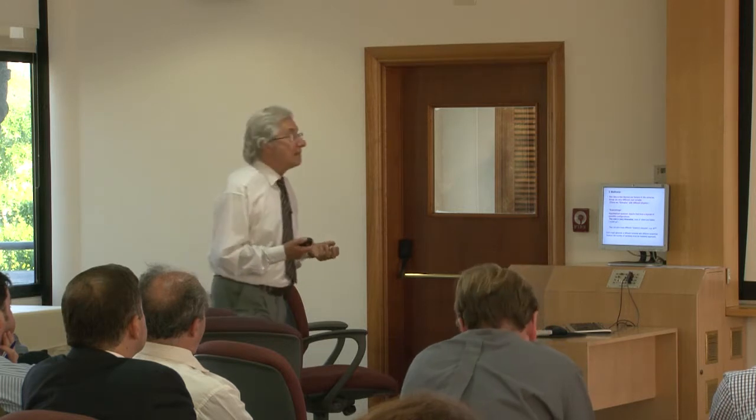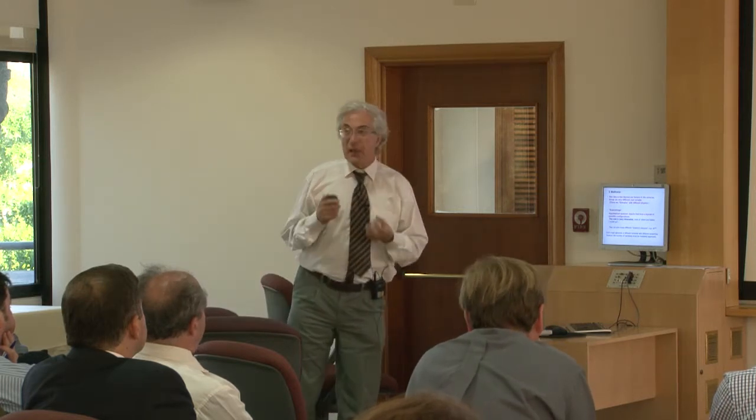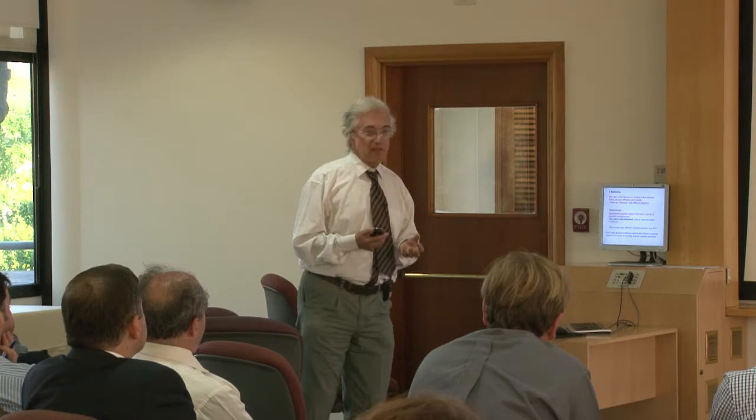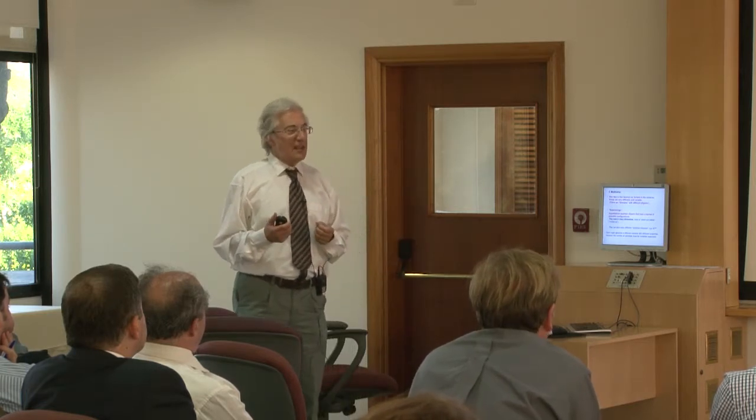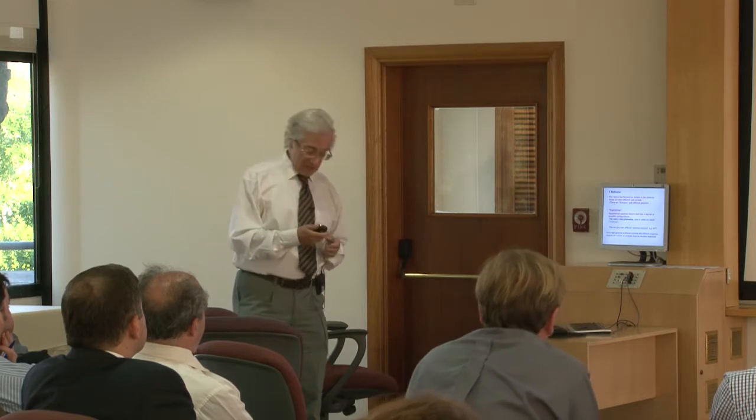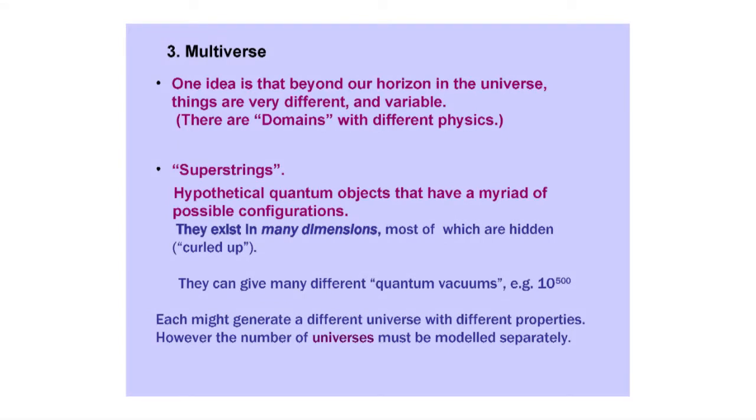Now, is this possible? It's a perfectly coherent theory, but it's a very extravagant theory because you're postulating a vast number of universes. Now, things about domains with different physics, I mean, cosmologists are very inventive. You can think up some kind of possibility, but it's all speculative.